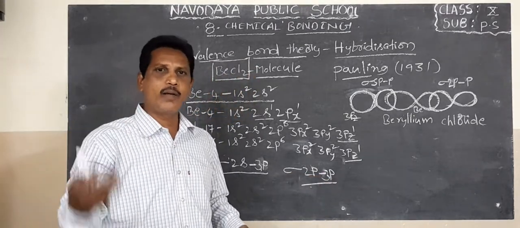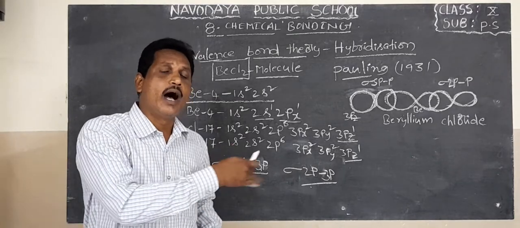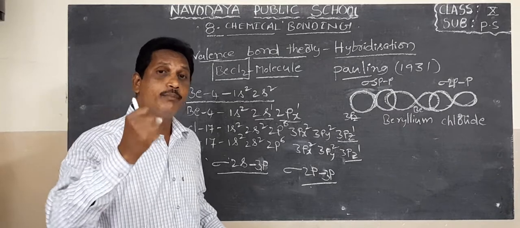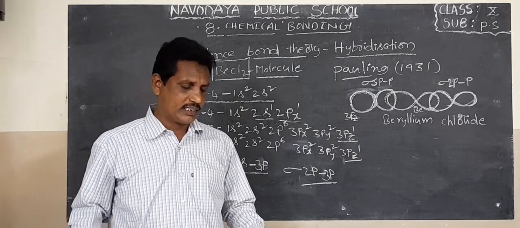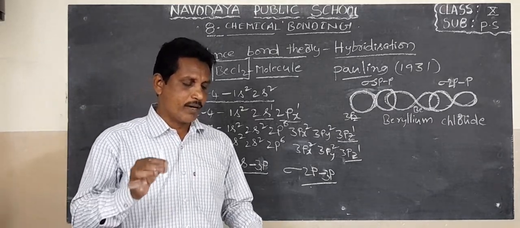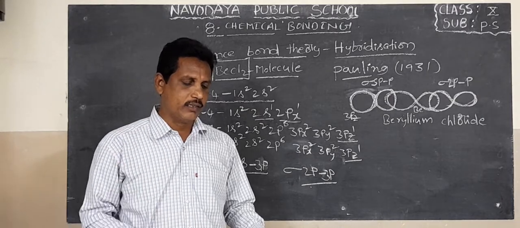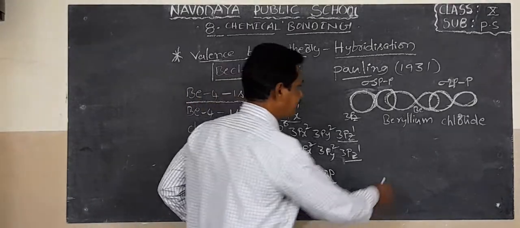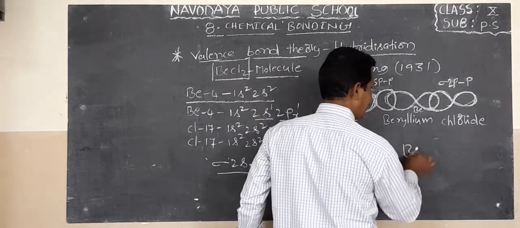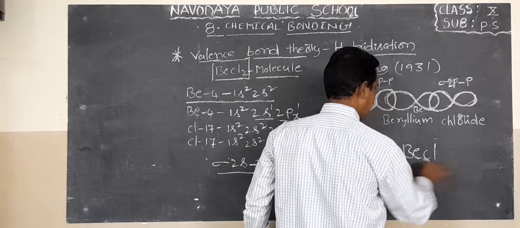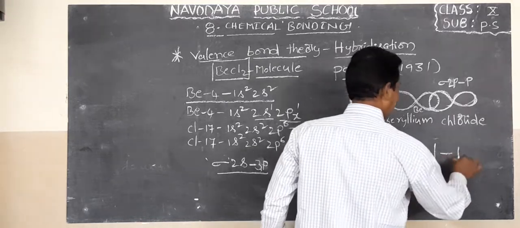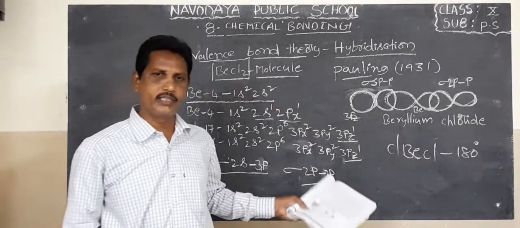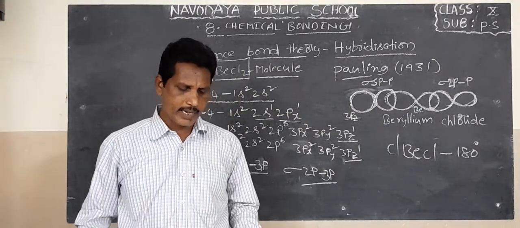Yet both bonds have the same strength, and BeCl2 has a bond angle of 180 degrees, with beryllium as the central atom.